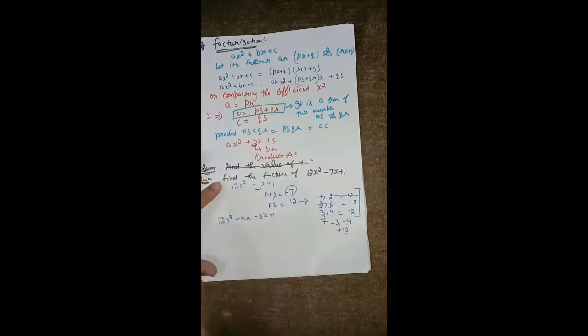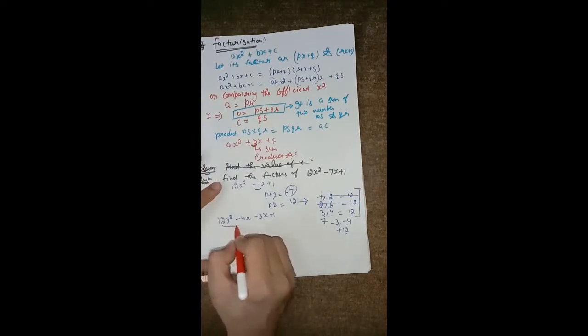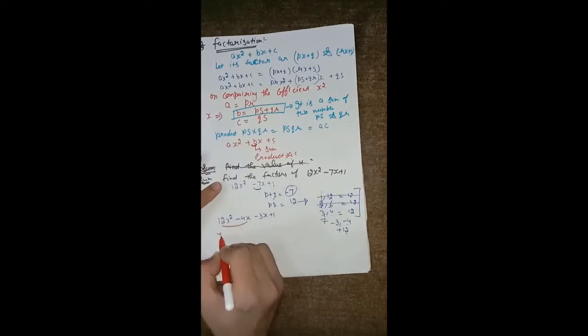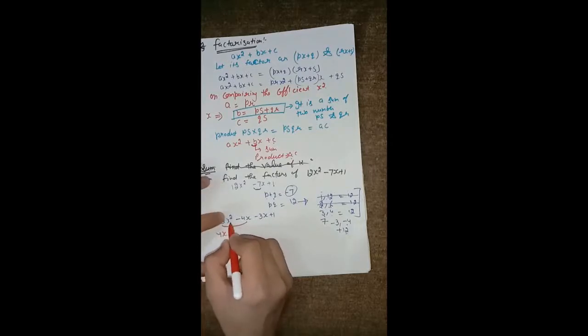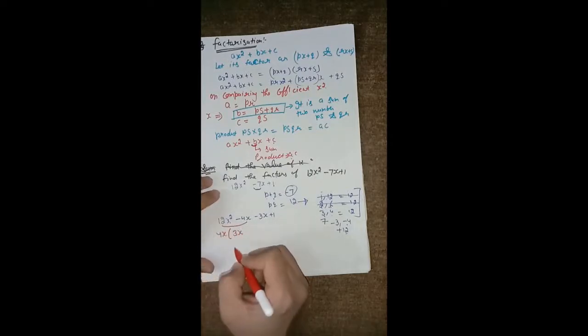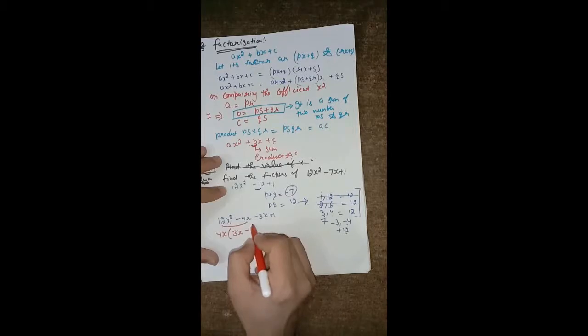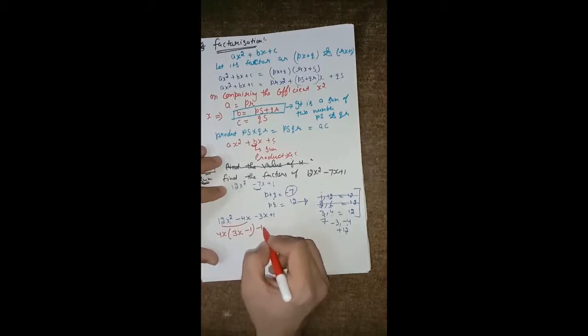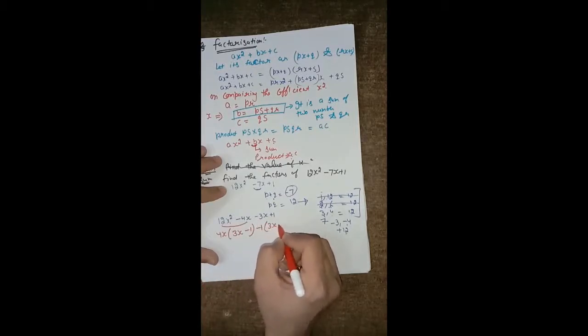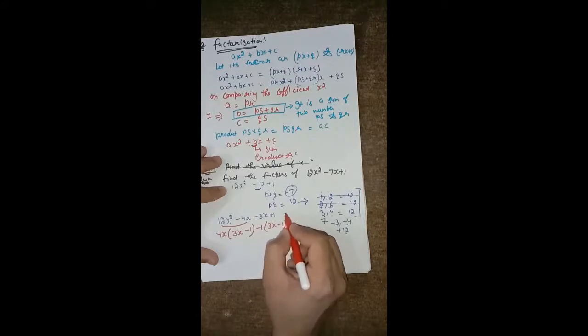Now taking 4x common from these two, 4x, we are left with 3x minus 1. Here minus 1 will be common out and we are left with 3x minus 1.